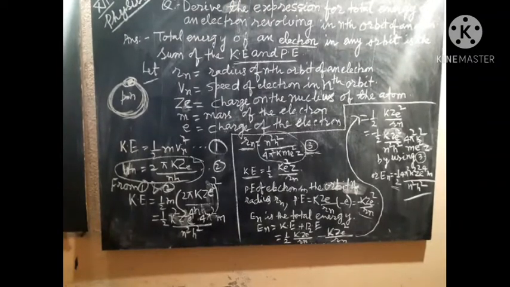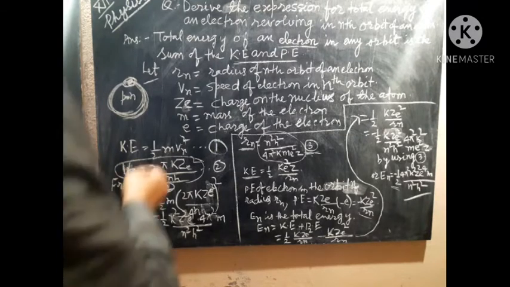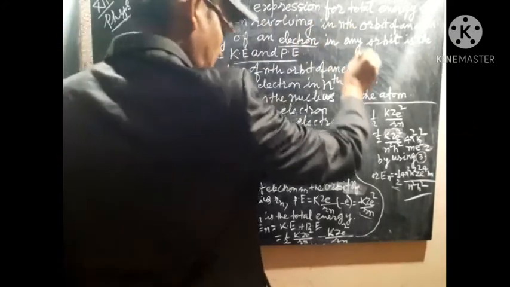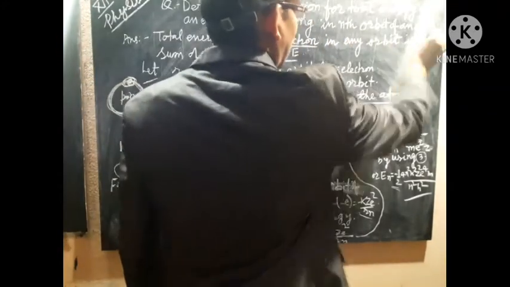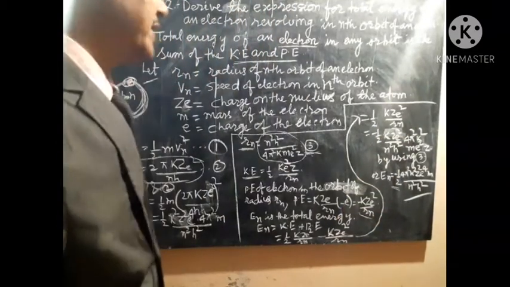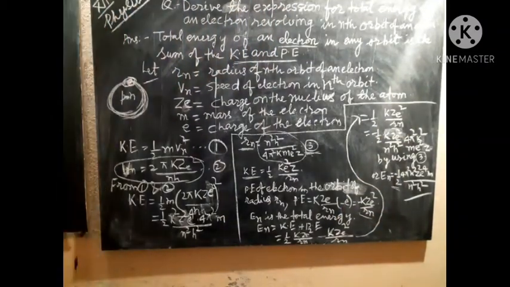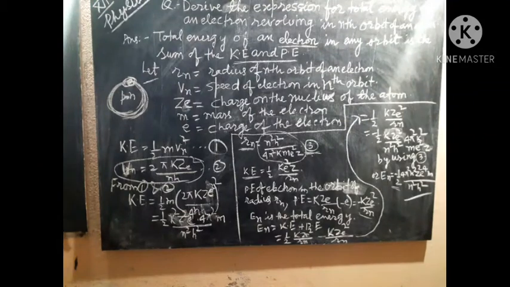Try to understand all the things which are given here. Today's question is: derive the expression for total energy of an electron revolving in the nth orbit of an atom.